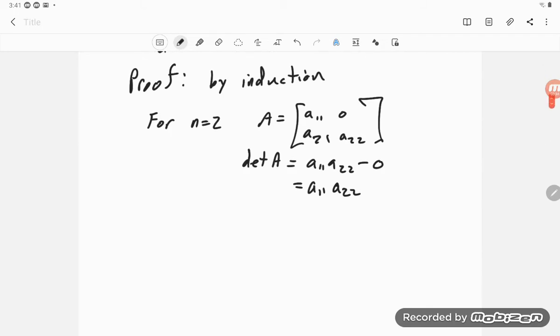Okay, and so now we assume it is true for size n minus 1 or less.